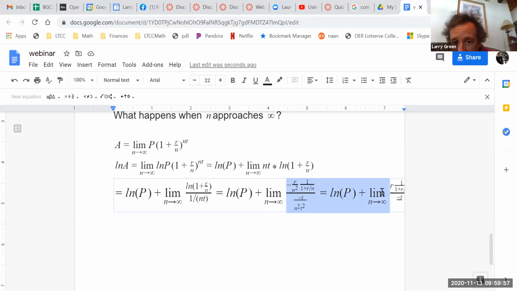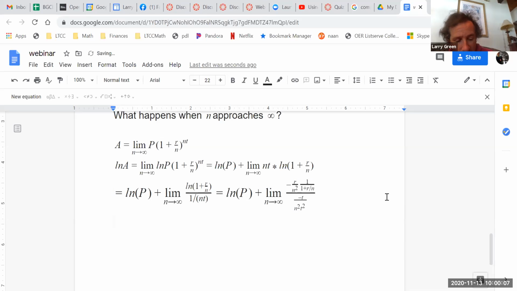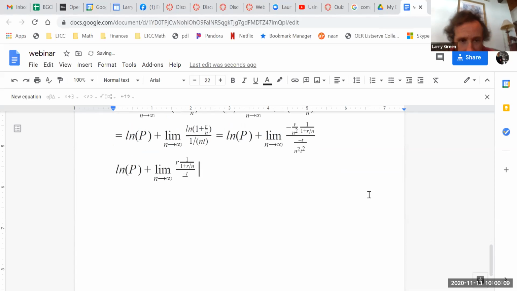And it's already too long. So next line. So those went away. The negative t over t squared, that's 1 over, the t over t squared is 1 over t.